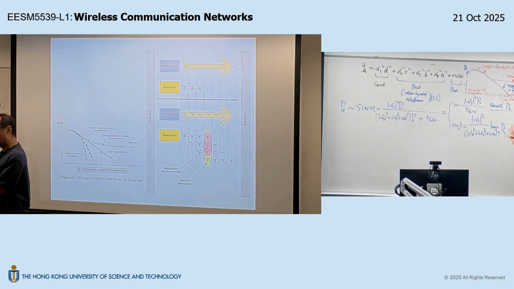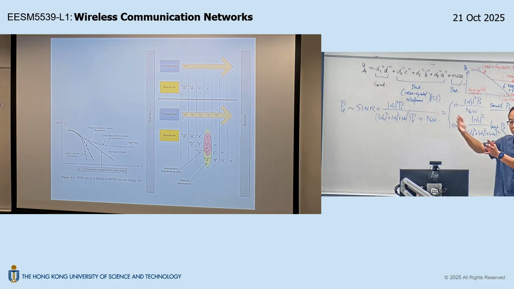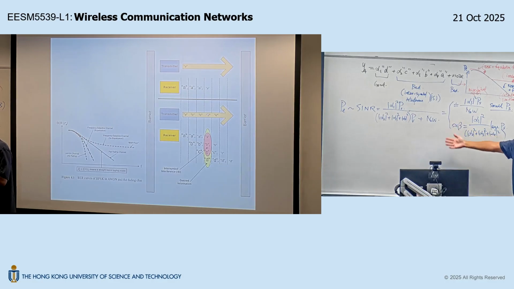Okay? And from this analysis, we can also see that this level of the irreducible error floor depends on what? It depends on the channel memory. Okay? So in my example, I have 4 channel memory. When I say a letter A, you receive 4 distinct echoes, right? But in the case of the channel memory being not 4 but 40, then that means this beta will be, you have 39 terms in the denominator, right?